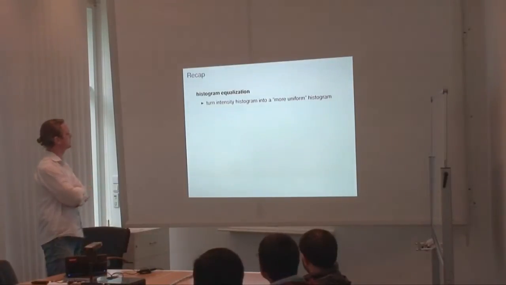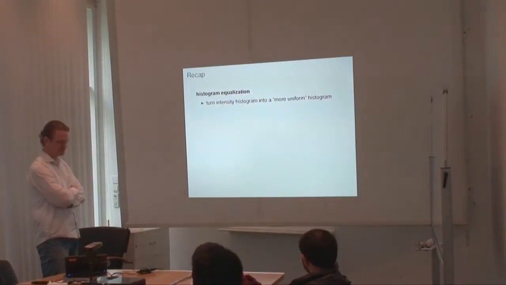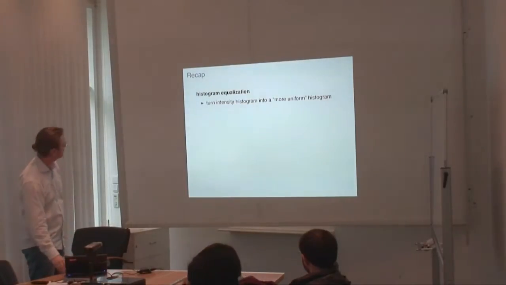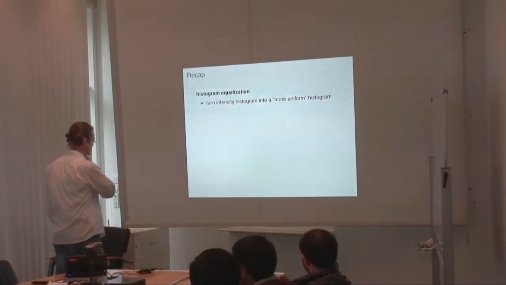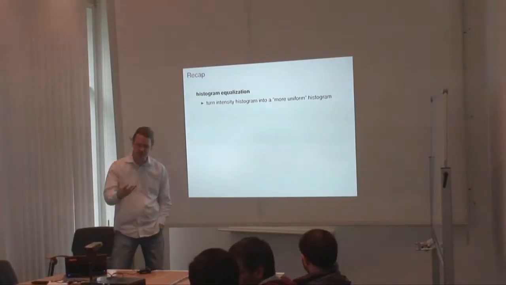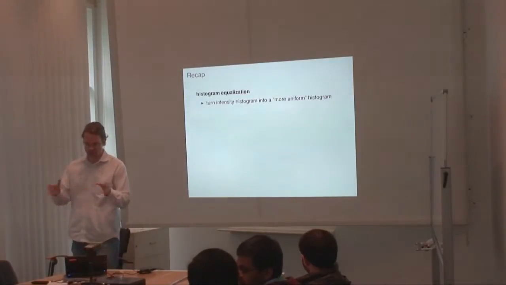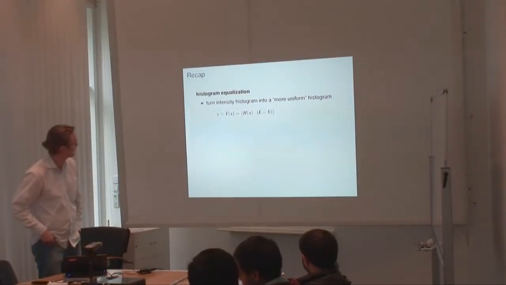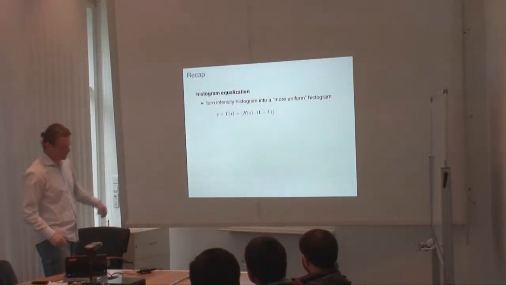Way more interesting is the question of histogram equalization. To recall it, we thought of it as trying to turn the histogram of the given image, overly dark or overly bright, into a more uniform histogram. And this is how we computed that.